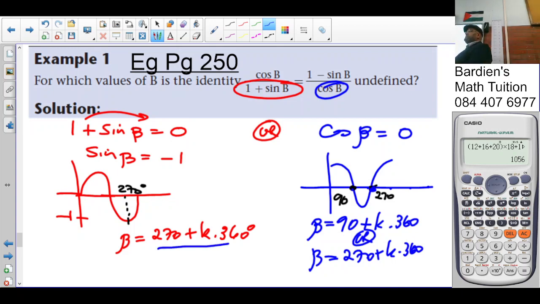So that's a repeated restriction. So you can write it out twice, or you can see that this solution happens every how many degrees? 180 degrees.